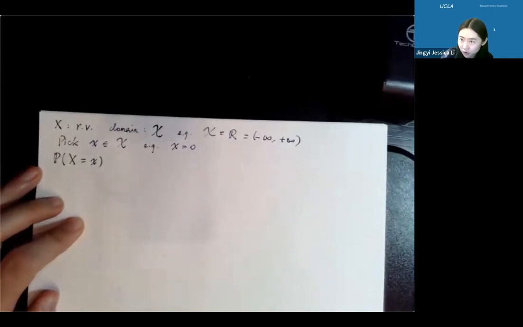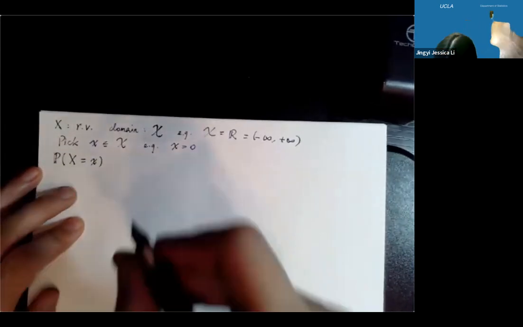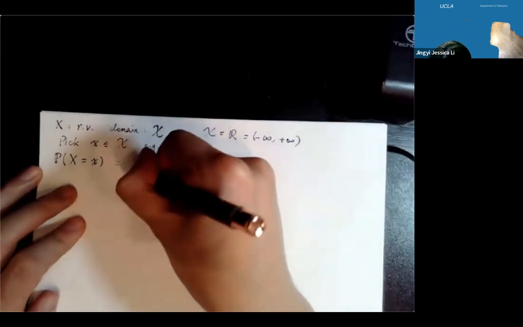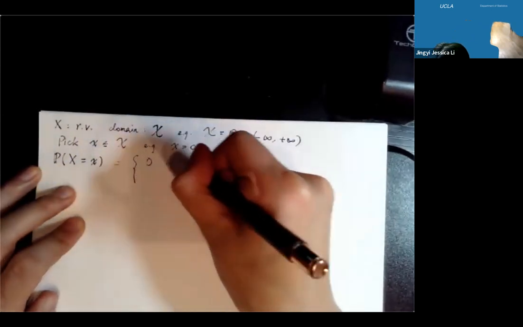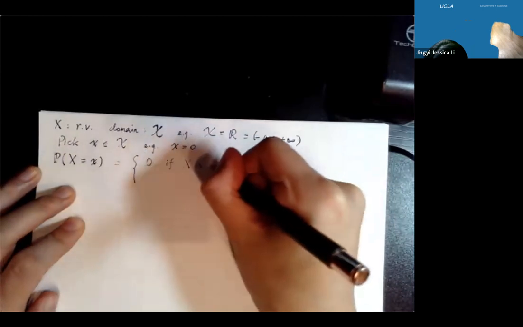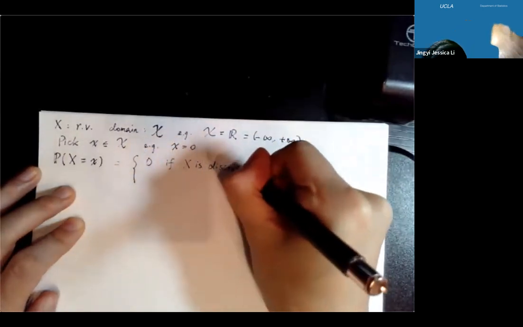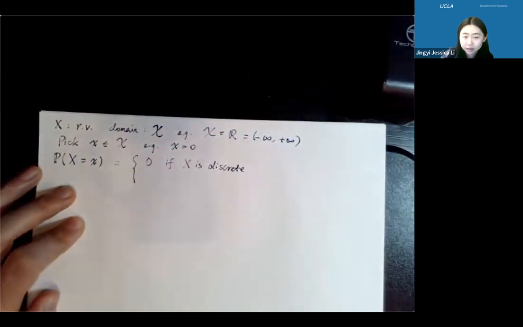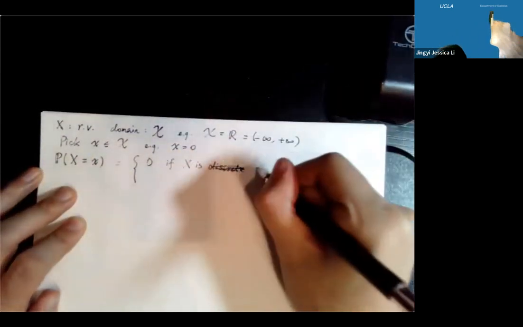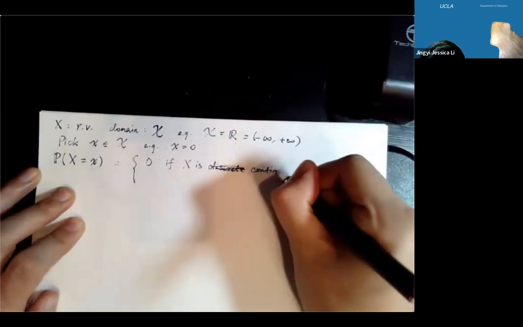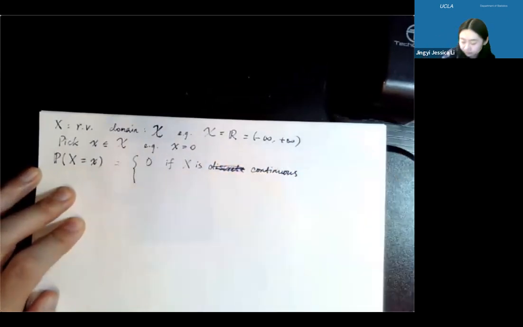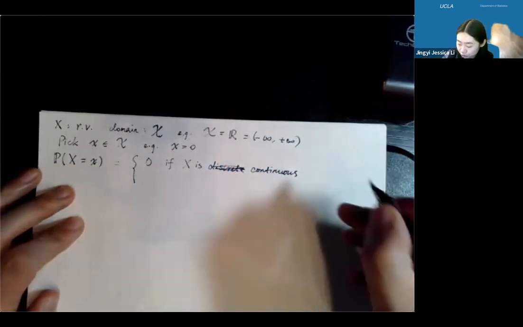And just as we said in the review previously, we know this probability is 0 if this X is a... oh, sorry, my bad. It's a continuous random variable, I said it wrong. This is known for sure.